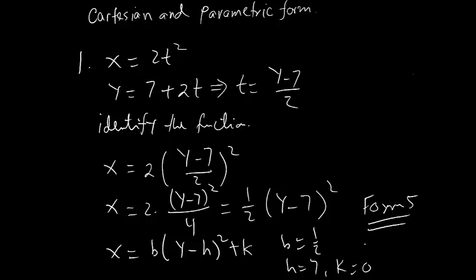So then we know that this is the equation of a parabola. The vertex is 7, 0, so it is here, and then it is actually going like this. So this is the parabola, form number 5. Make sense? Okay, so I'm going to the second example.